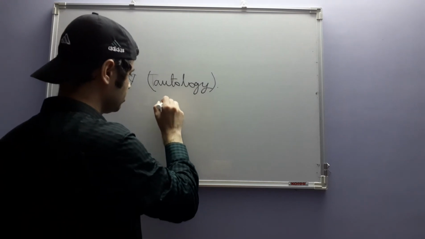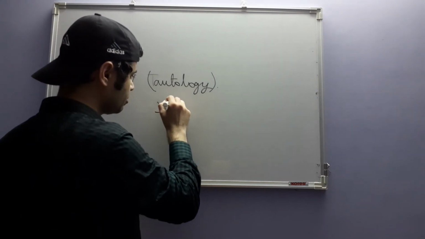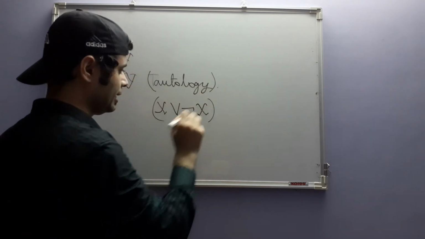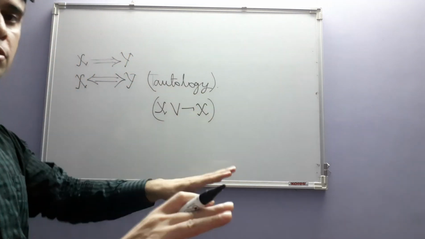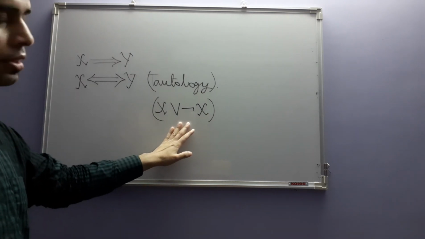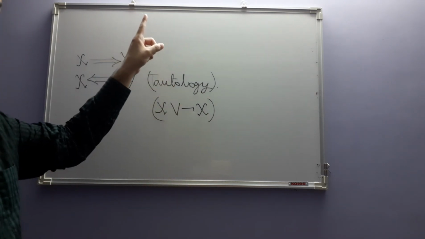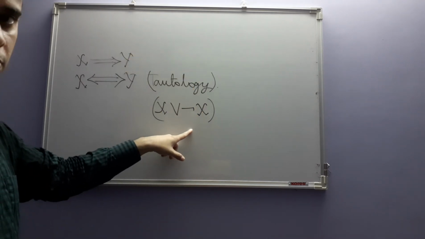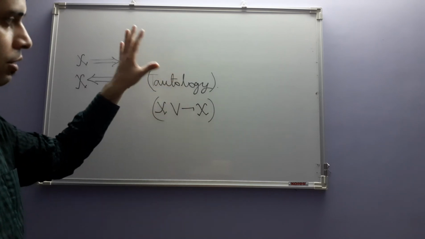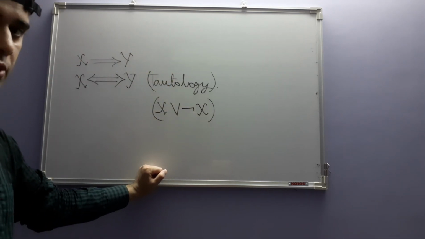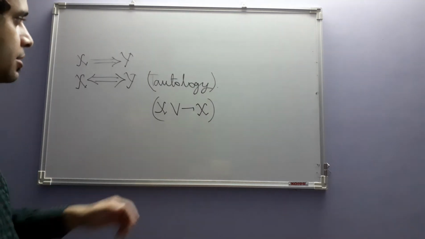I mean, the law of excluded middle, that is also a tautology. Any statement that is always true, regardless of the situation, is called a tautology. So the proofs that we did just a few moments ago, or the laws of mathematical logic that we have stated, those are all tautologies.